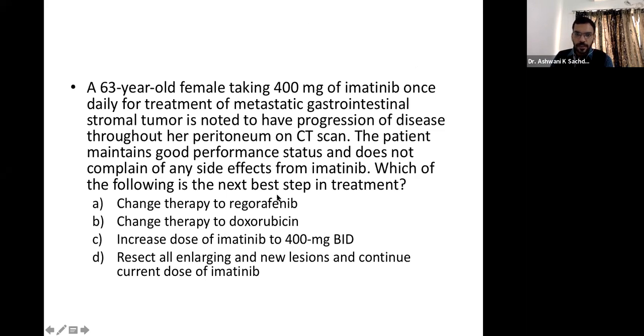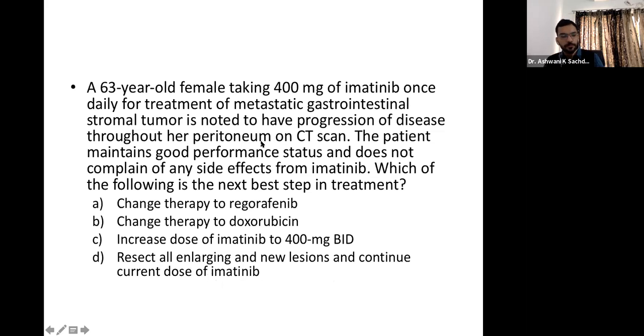So we have to consider other options also. Why not resect all the enlarging and new lesions? That would have been a better next treatment line if it was resectable in this case. But in the question, she was found to have progression of disease throughout her peritoneum, so this is unresectable disease.